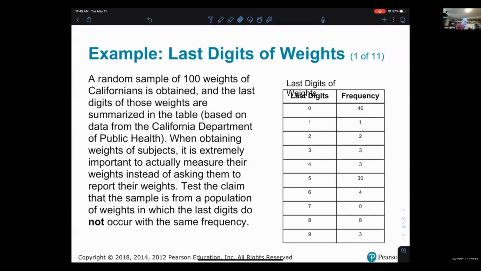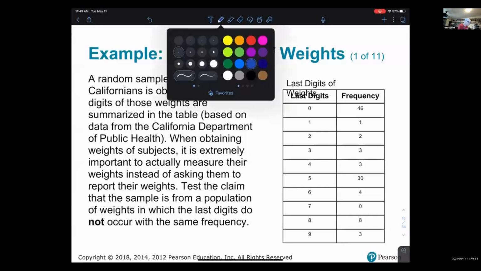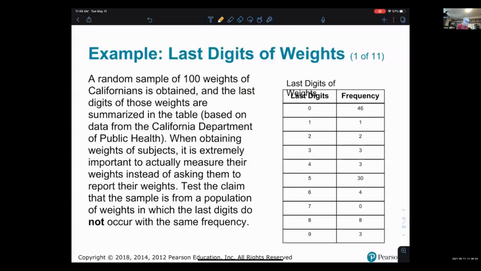And if we just look at these examples here, the last digit ending in a 0 was in 46 of the data. The last digit ending in a 5 was in 30 of the data, and nothing else was above a single digit.